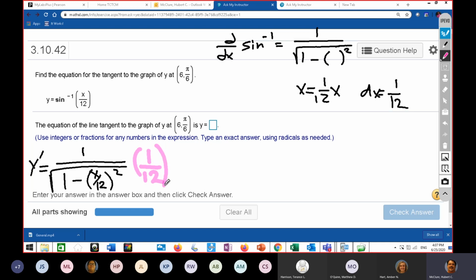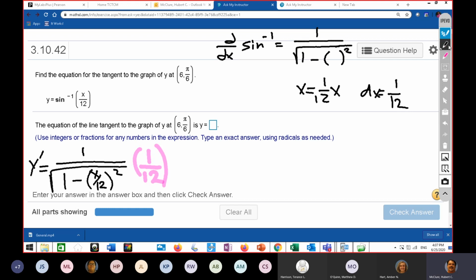And yes, you can put that 1/12 up top if you want to. I don't really care, because they don't even want the derivative. They just want the slope. So I mean the equation. So I don't even know if they're going to ask you for the derivative. So plug in, and you can simplify it a little bit.